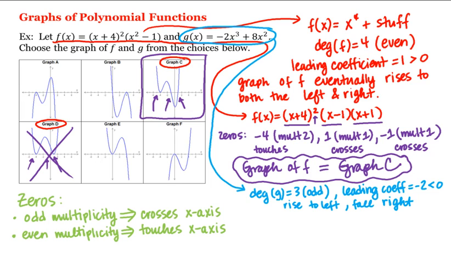Which means, looking at our choices here, the only possibilities would be graph B and graph E.